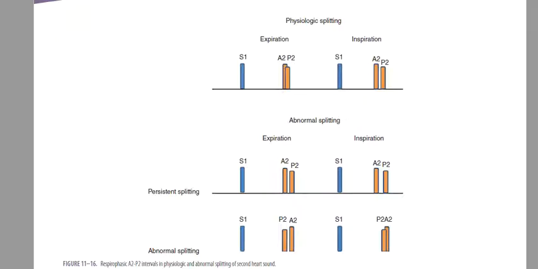Then in inspiration S1 and A2-P2. Abnormal splitting, first heart sound, then P2-A2. Here is a reverse splitting of the second heart sound, paradoxical splitting: P2 followed by A2. Then first heart sound, and in inspiration P2-A2 becomes a single heart sound.